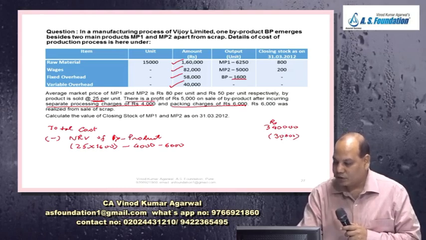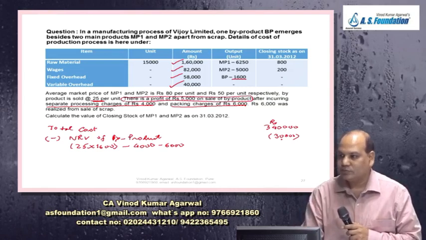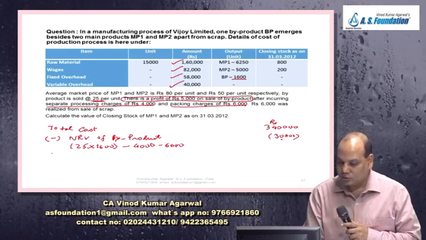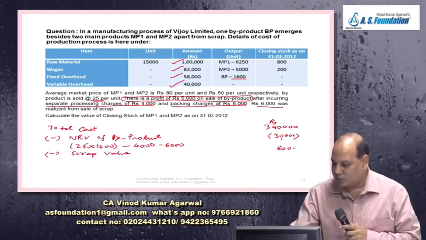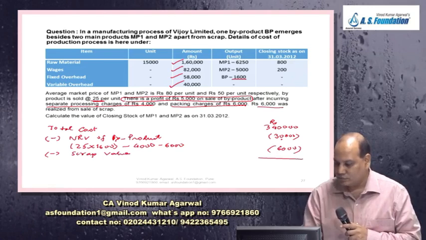This profit of 5,000 on the sale of the byproduct, you don't need to adjust. You have to just adjust the NRV part. And then you also deduct the scrap value. How much is the amount you will realize on scrap value? 6,000.